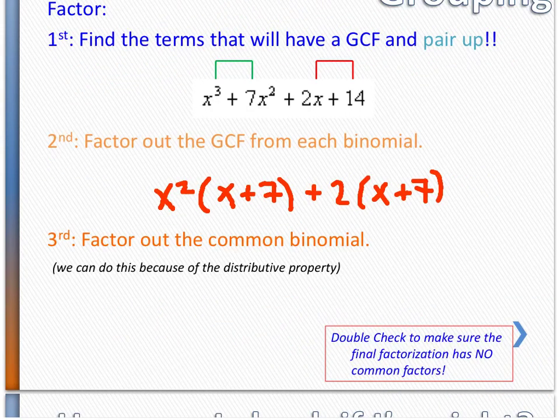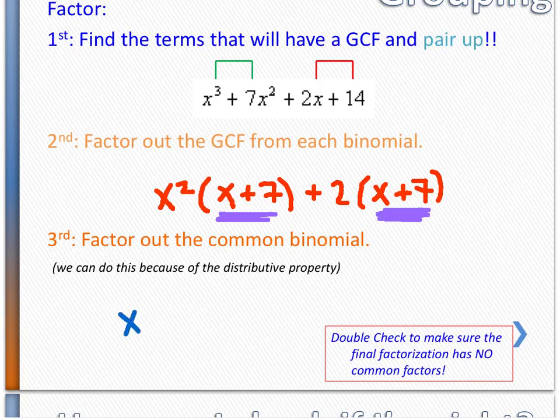So once we have paired up and then factored out the GCFs out of the terms, there's something you should be noticing now. This guy and this guy look exactly the same. Now remember, when 2 terms have something in common, I can factor out that term and put it in front. So that's exactly what I'm going to do. I'm going to factor out the common binomial.